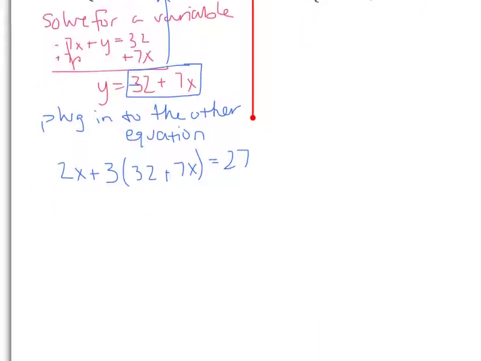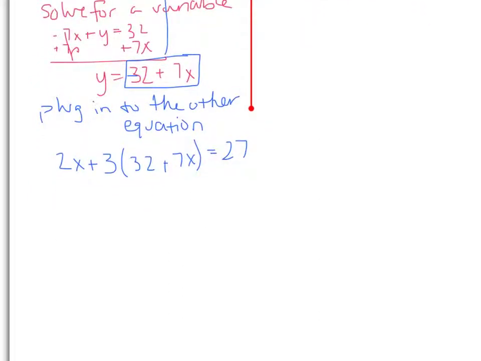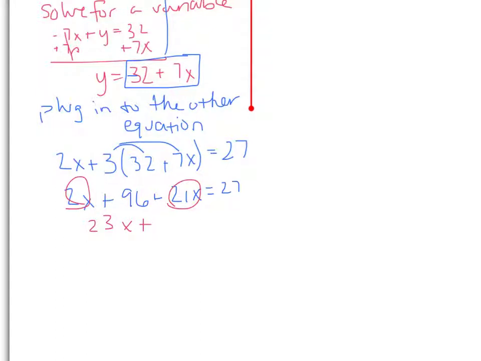Now we have to solve this equation to find out what x is. 2x plus, do the distributing, 96 plus 21x equals 27. Combine like terms, this will be 23x plus 96 equals 27.